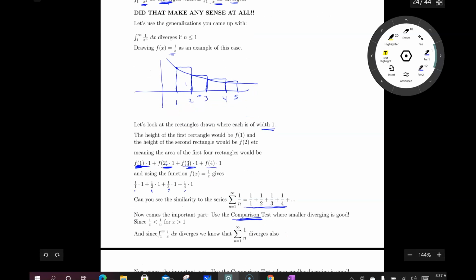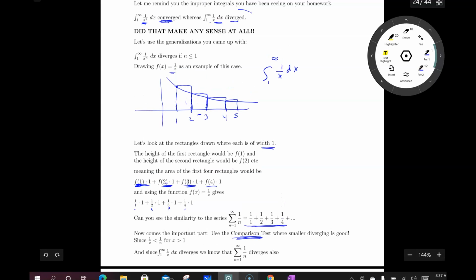Okay, so now here comes the important part. So what do we know about the integral of 1 over x? What do we know about the integral of 1 over x dx? You did it on your homework, and you saw and you know that this diverges. So let me just get a little color going here. So what you know is the area of the red, which is this, adds up to infinity.